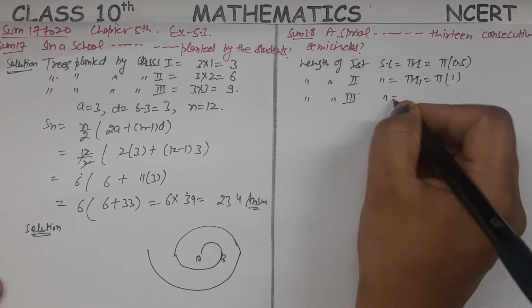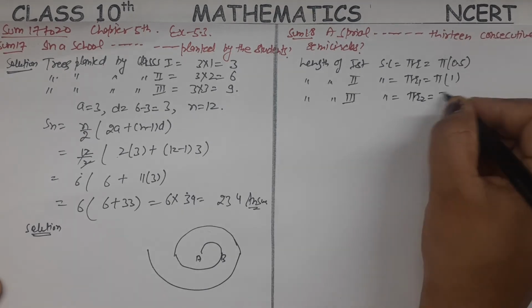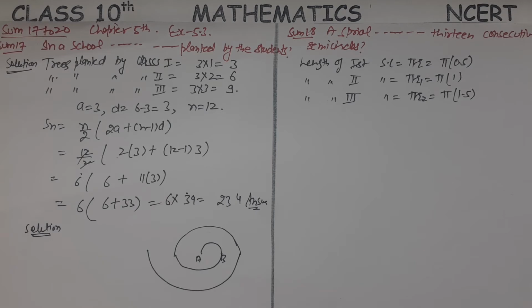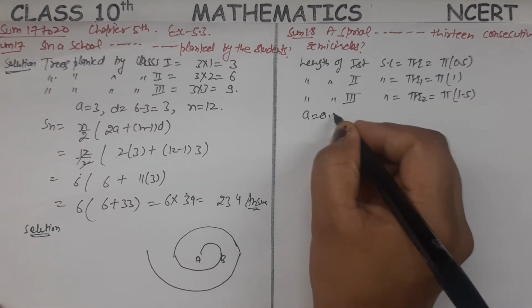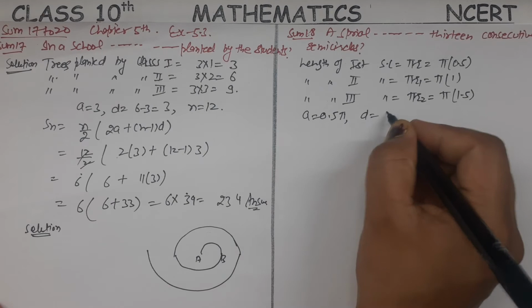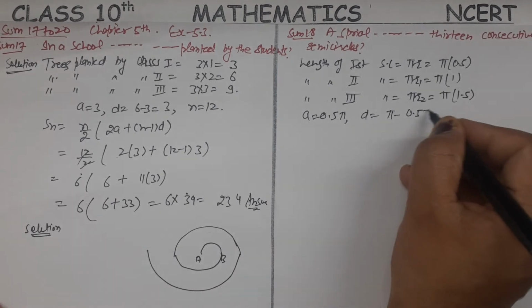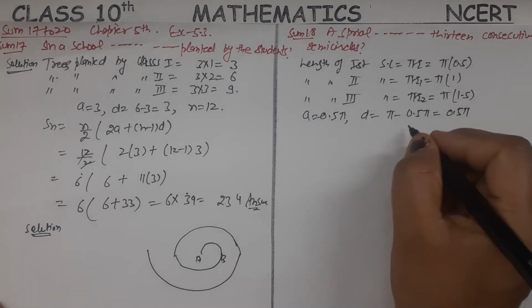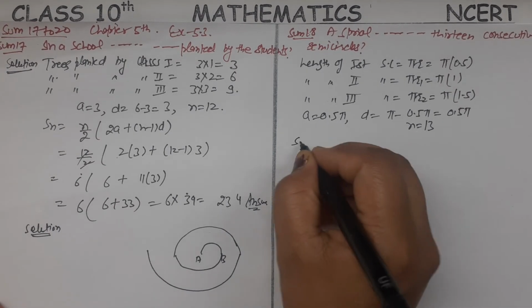Length of the third semicircle is pi r2, pi same. Now r is 1.5 because every time the radius increases by 0.5 centimeter. So a is 0.5 pi, d is pi minus 0.5 pi which makes 0.5 pi, and n is 13.